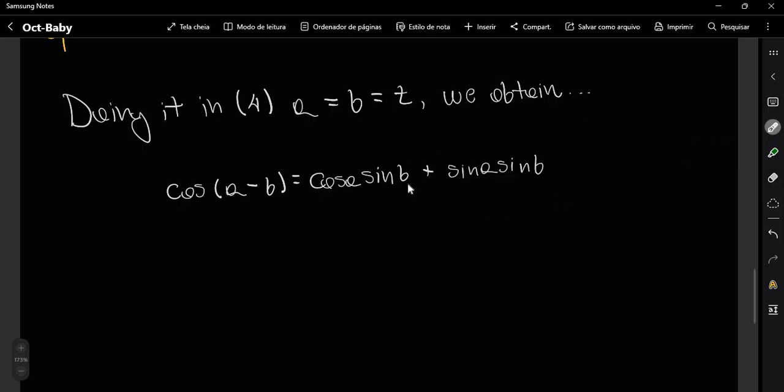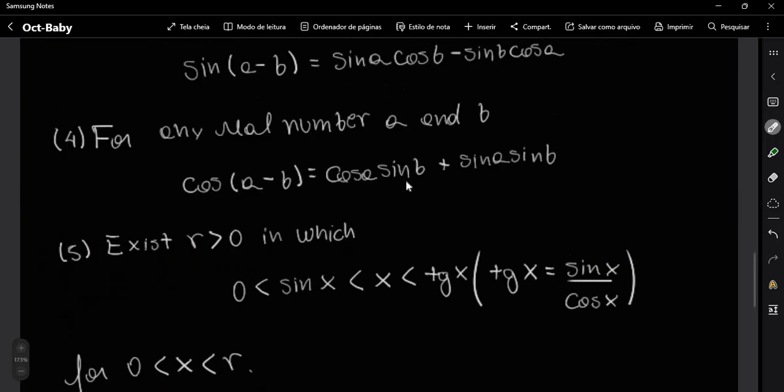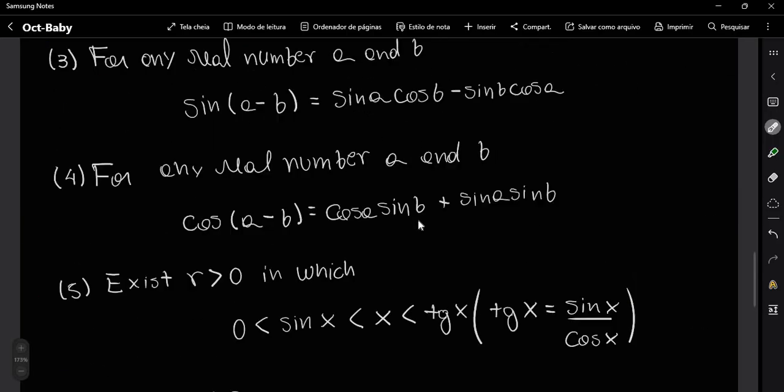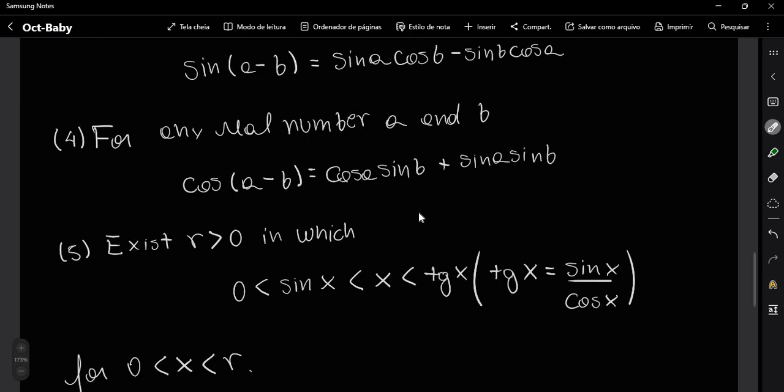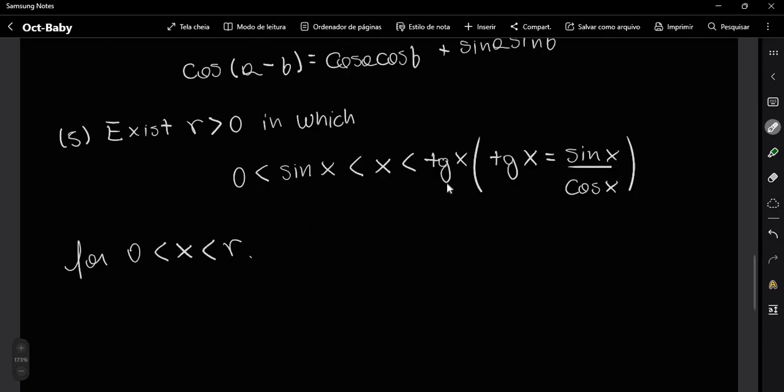Okay. And now if we do cosine of 0, we will obtain, doing A equal B equal T, cosine of T times... right here, sorry, right here is cosine. So correct this: it's cosine of A times cosine of B, on the fourth property of this theorem.